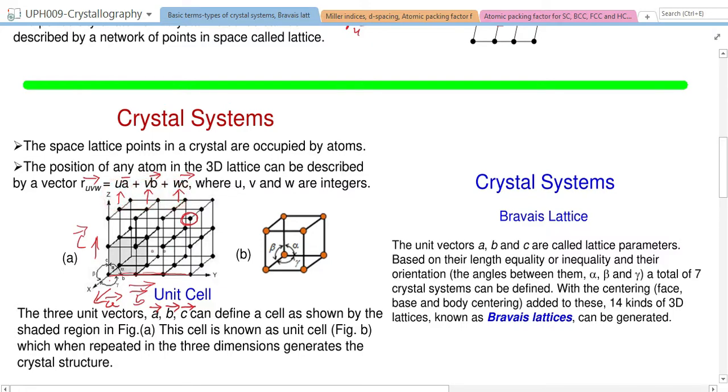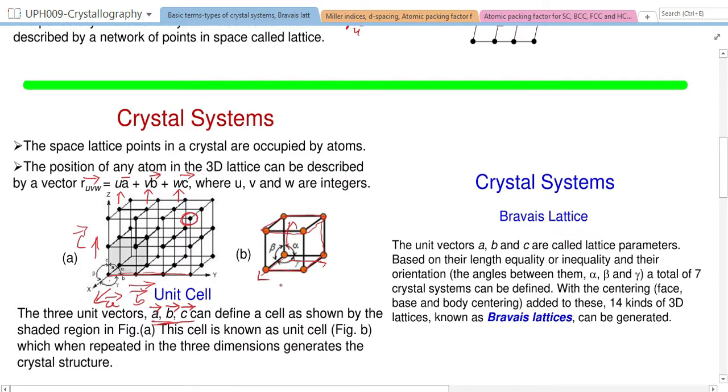That's how you can assign any point on this lattice a vector identified by these three numbers, U, V, and W, right? And these 3 unit vectors form your unit cell. So you move by A amount in this direction, B amount in this direction, C amount in this direction, and then this cube that you form is called the unit cell, right?